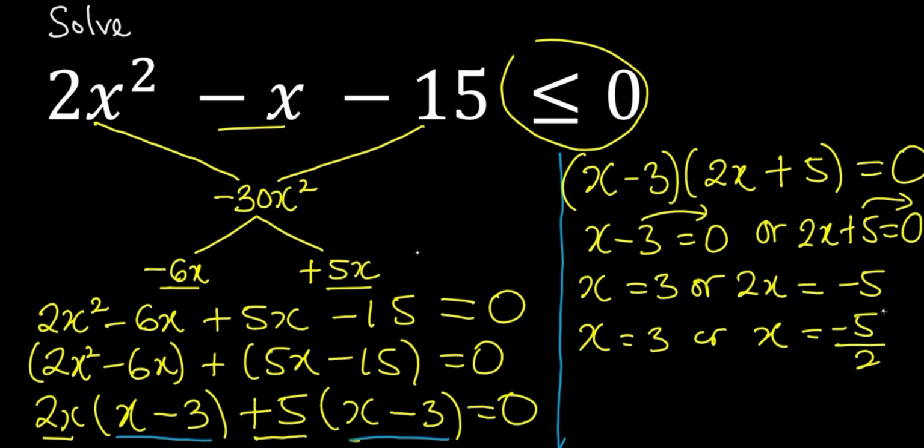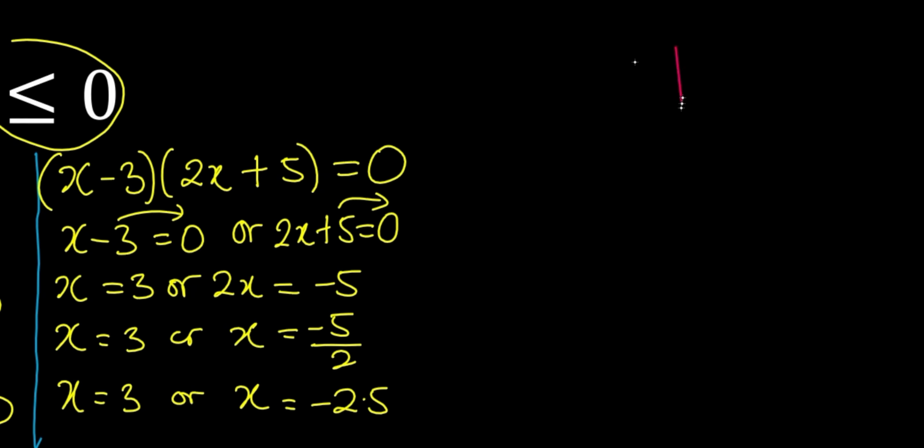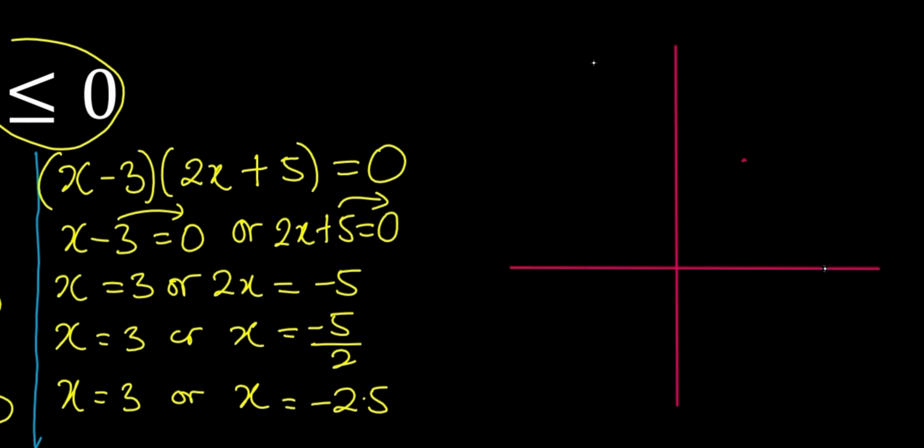When we divide by 2, we have x equals 3, or x equals minus 2.5. Now we draw our graph. The solution is x equals 3 and x equals minus 2.5.